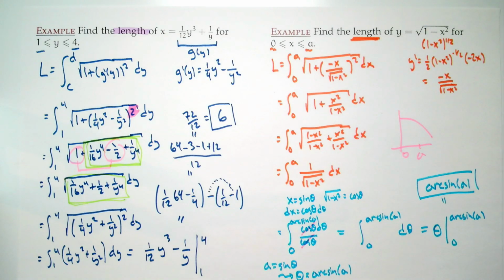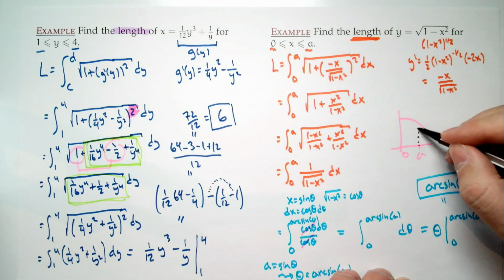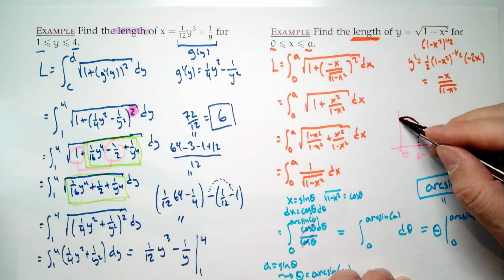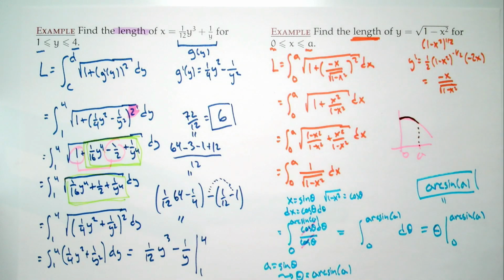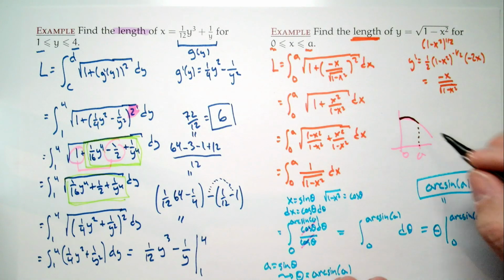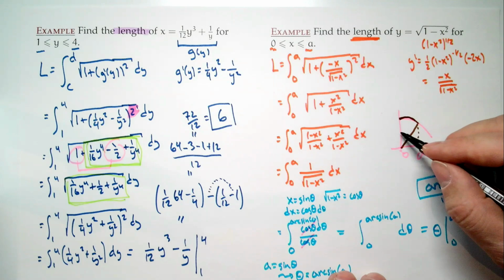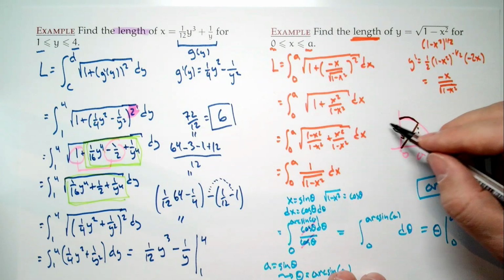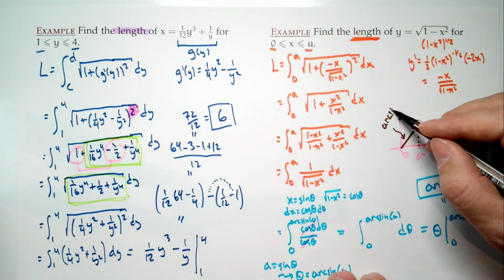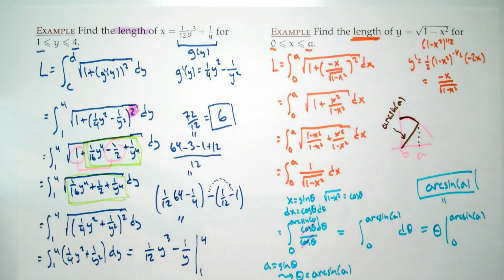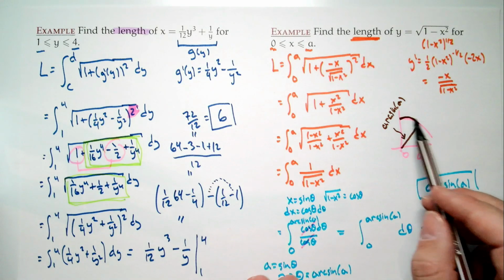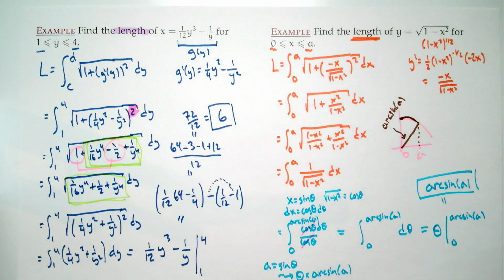So what you're trying to find is this length here. Now, you might say, well, where does arc sine of a fit into this picture? And the answer is, it turns out that this angle here is arc sine of a. And so the length is the same as the angle on the inside. That's a nice fun fact about circles.